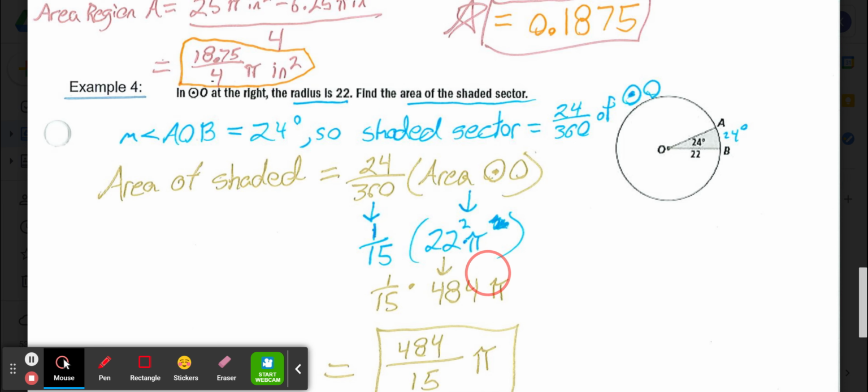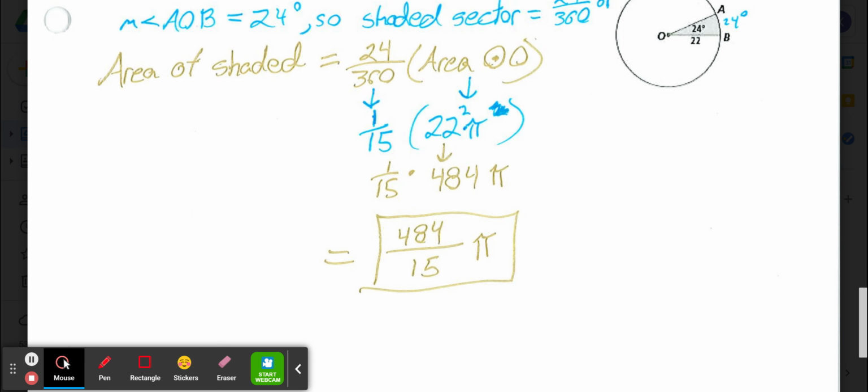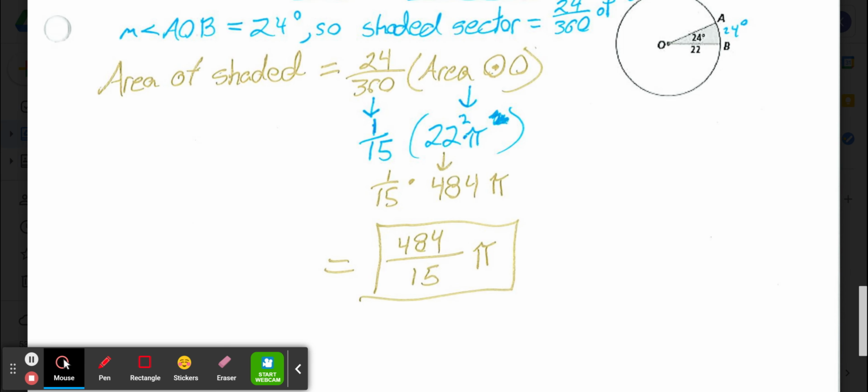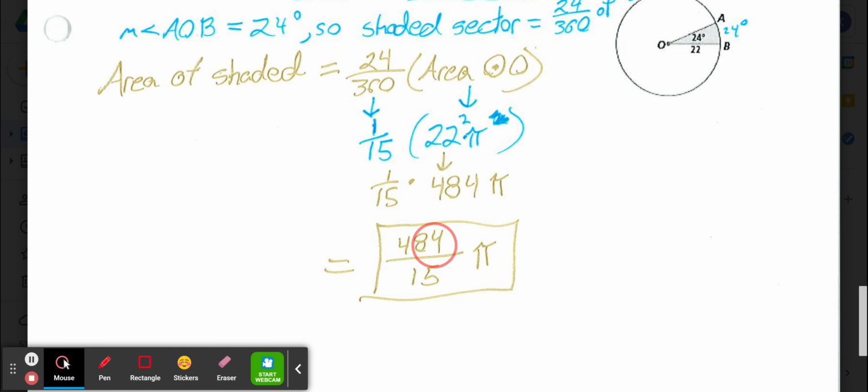So we have 484 pi times 1/15. So leaving our answer as an exact answer, the area of the shaded region is 484 over 15 multiplied by pi, and then it would be units squared. Or we can think 484 pi divided by 15, going to give us the same answer.